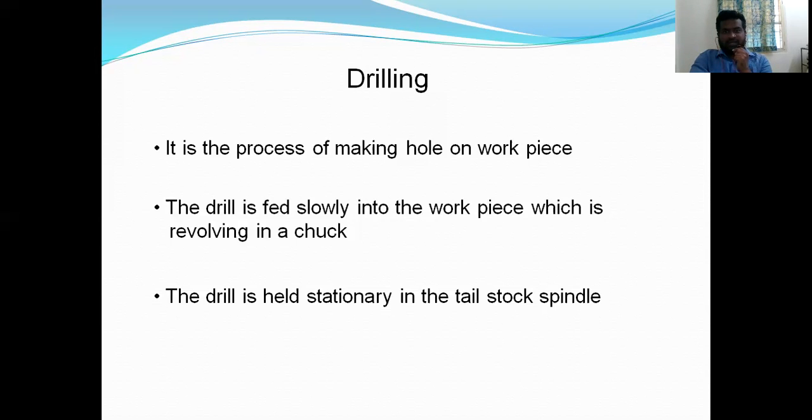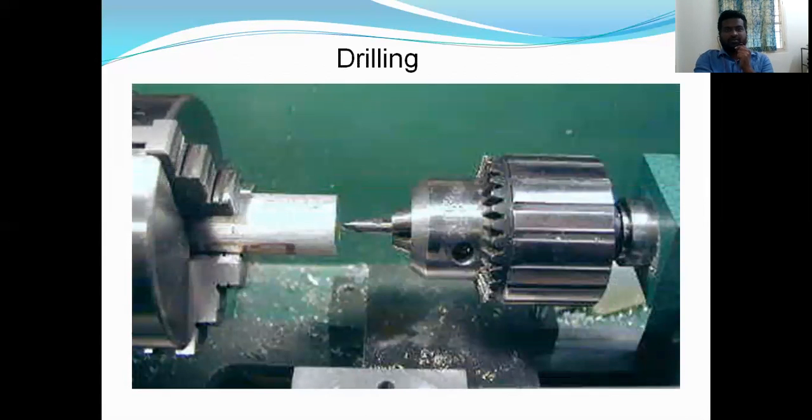The drill is held stationary in the tail stock spindle, right? Observe the picture showing the drilling operation. This is our tail stock, and this is the workpiece fixed in a 3-jaw chuck. The workpiece is rotating, and here the drill bit is there.